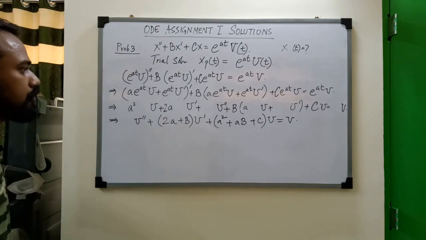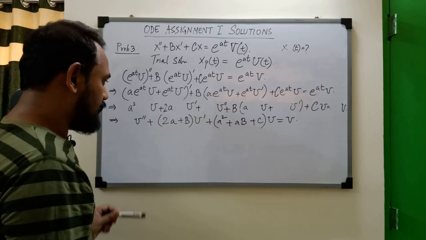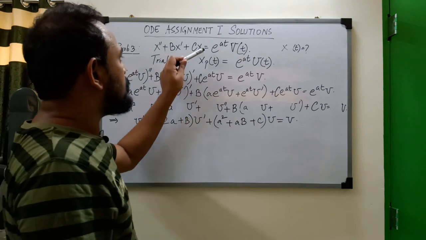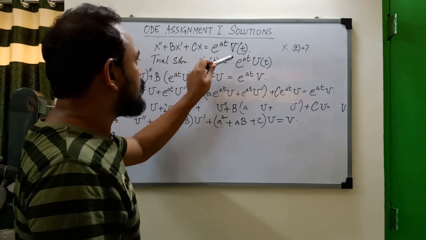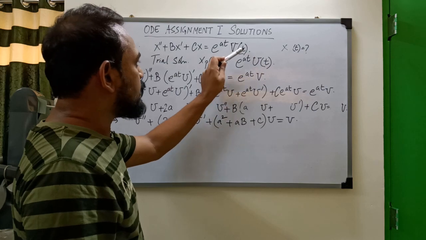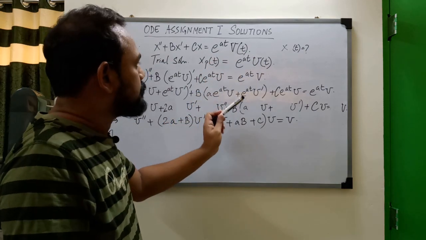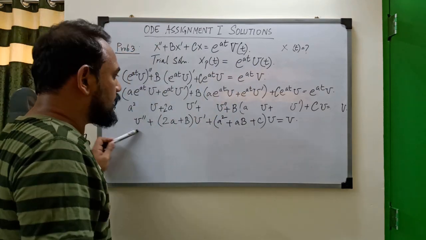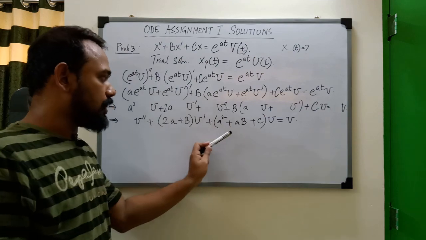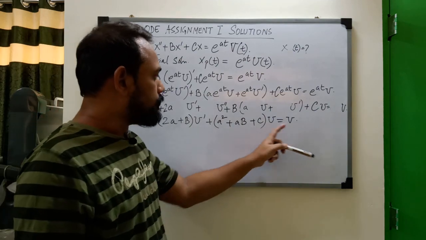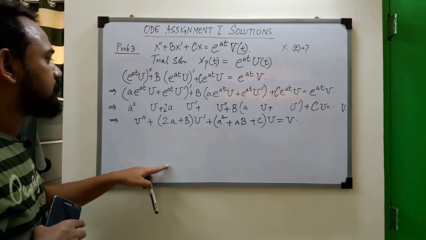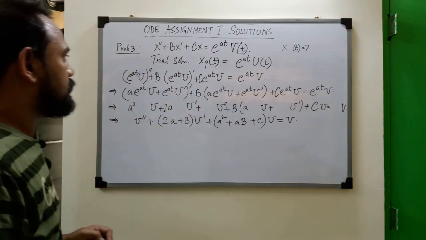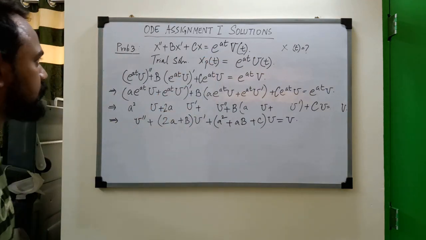The reason this problem was given was not to check whether you can do the calculation. Of course, you can do the calculation, but the problem is actually telling you a method to find a particular solution for an input like this, where if you try a solution where you replace the given input by a general function, you will get a second order linear differential equation in U with V as the input, and once you solve this, you will get your U, and if you put that back in, this will be the particular solution for this differential equation.